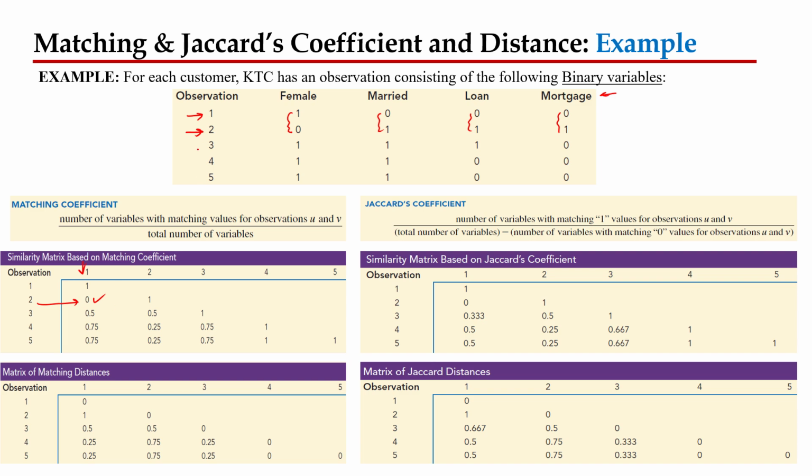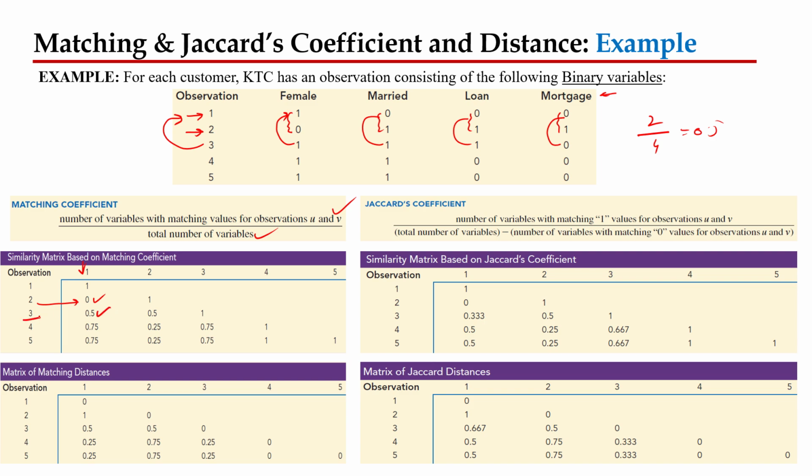Now if I compare 3 and 1, 1 and 1 are the same, 0 and 1 not the same, 1 and 0 not the same, 0 and 0 are the same. So two values are common between the third observation and the first observation. That numerator divided by the total number of features, which is 4, gives 0.5.